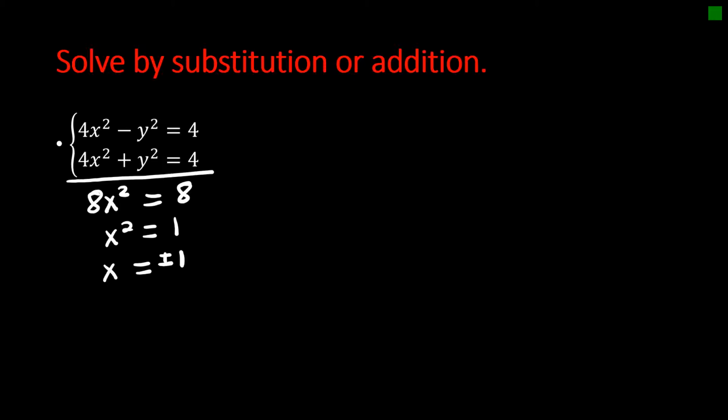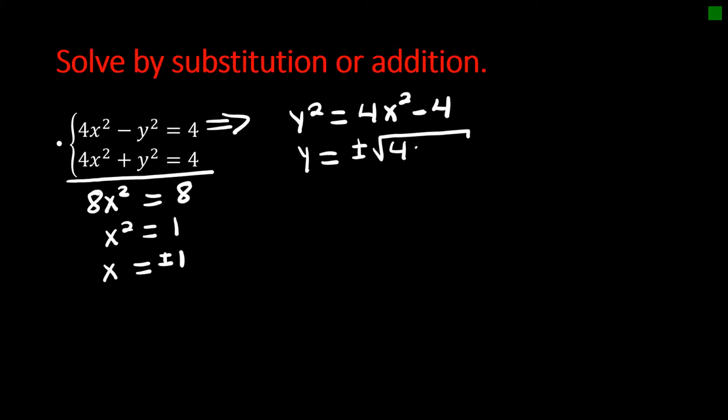So now we need to solve for y. And I'm going to take it here. Here, y squared is 4x squared minus 4. So y is going to be plus or minus the square root of 4x squared minus 4.